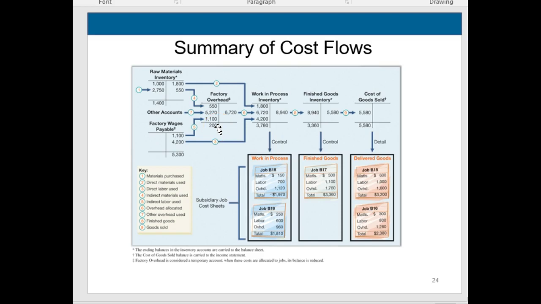So we're going to end up taking that $200 and increasing the cost of goods sold by $200 when we get to the end. So this ends up going into work in process inventory. And once it's done, it's transferred into finished goods, and when it's sold, it is put into cost of goods sold and taken out of the inventory.